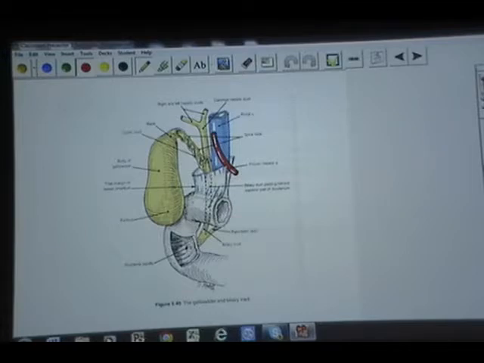All right, so the gallbladder has the cystic duct that interconnects with the common bile duct, okay? That's what this is, the common bile duct.